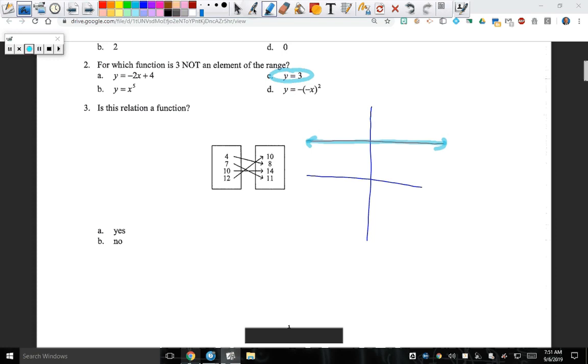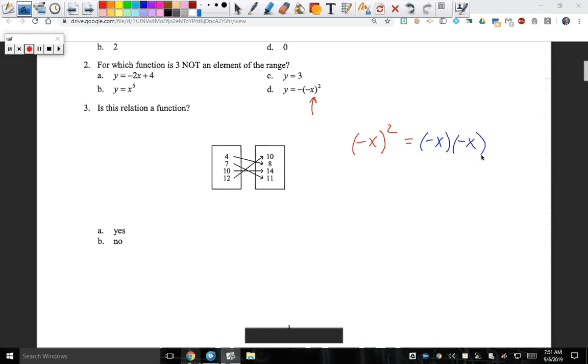And then last but not least, I'm going to show you with and without the calculator. This one right here, if you take negative x and you square it, it's the same as having 2 of these written down. If it was negative x to the 3rd, it'd be 3 of them written down. With 2 of them written down, we know that a negative times a negative is a positive, so this becomes positive x squared. But we still have to account for this negative PEMDAS-wise.